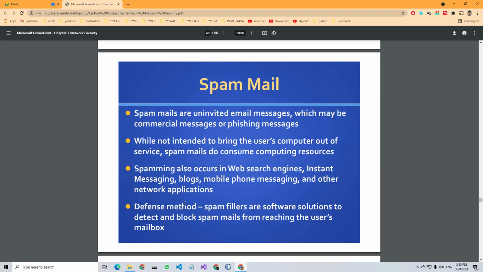Some organizations send spam out. Some organizations purposely hire spammers to send out a certain number of spam messages or emails in a day, and then they pay based on, let's say, if the victim clicks on the page, how much they can get.